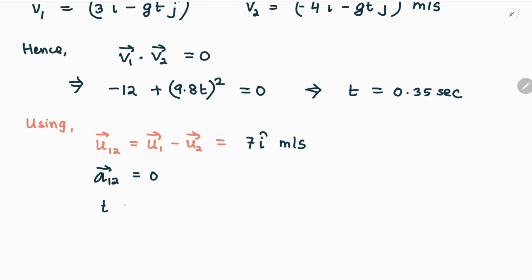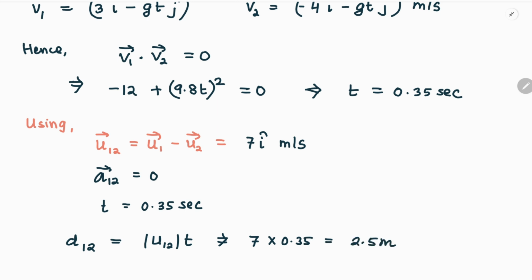Therefore at a time t equals 0.35 second, the relative separation between them, d12, can be written as magnitude u12 multiplied by time t, which is equal to 7 times 0.35, roughly 2.5 meter. So this is the answer to the problem which we are looking for.